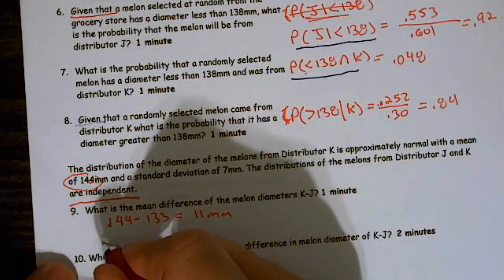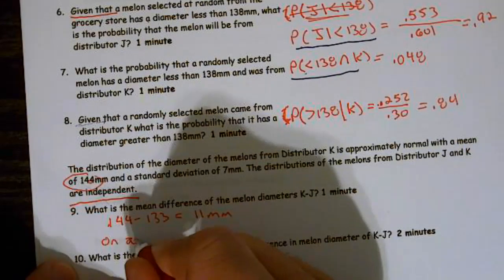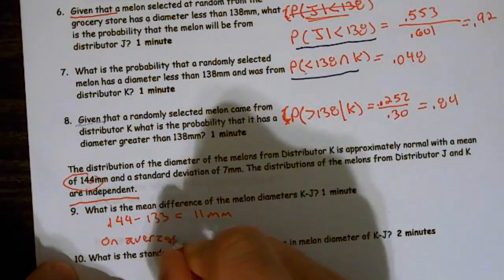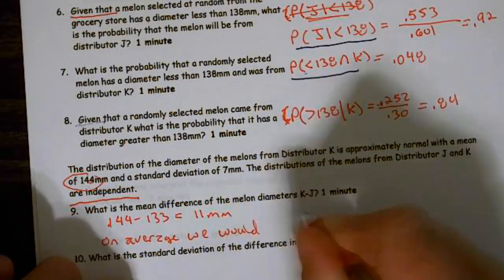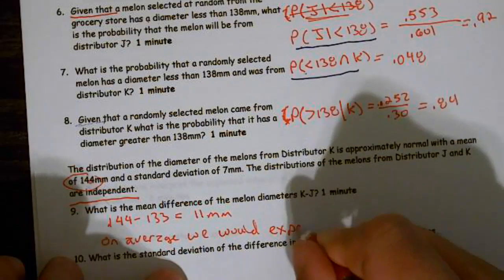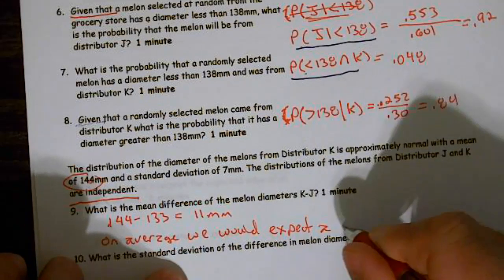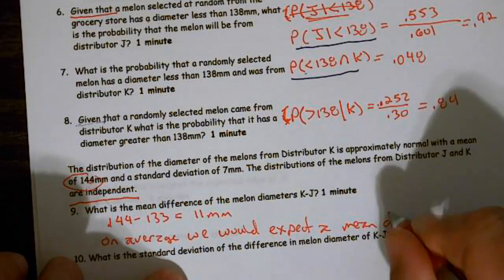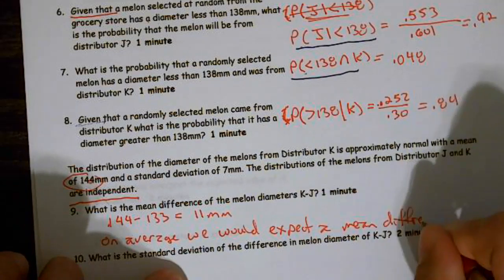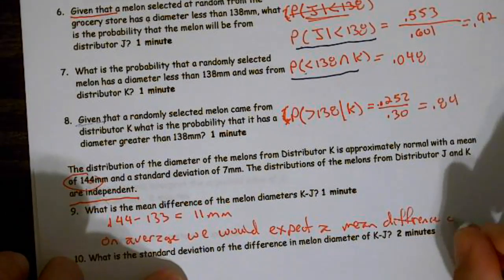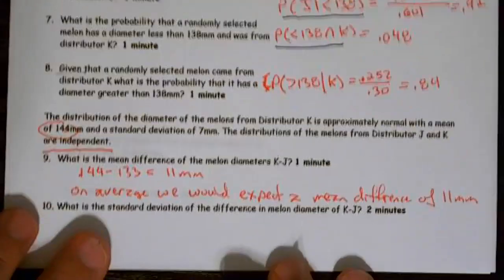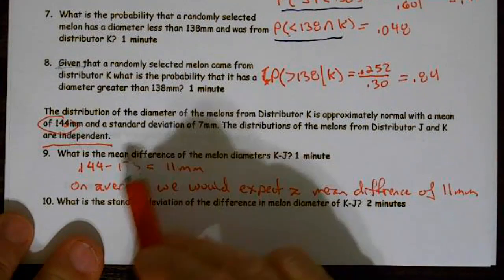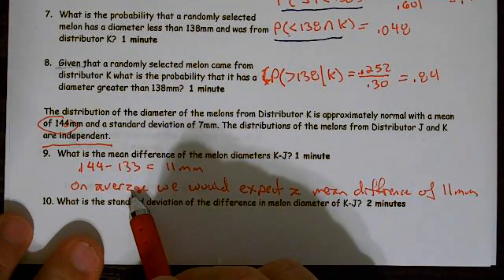So on average, we would expect a mean difference of 11 millimeters. All right, on average, we expect. So I need to show this work and this work in order to receive credit.